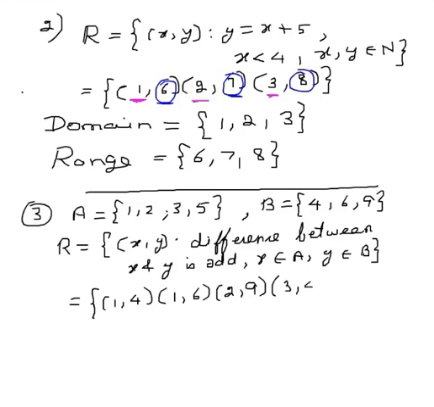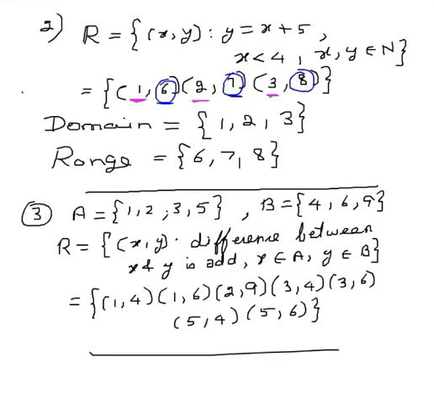And then 3, 4, the difference is 1, which is odd. 3, 6, yes. 3, 9, the difference is 6, which is an even number. Then the next element is 5, 4, 5, 6, 5, 9, the difference is 4, which is an even number.